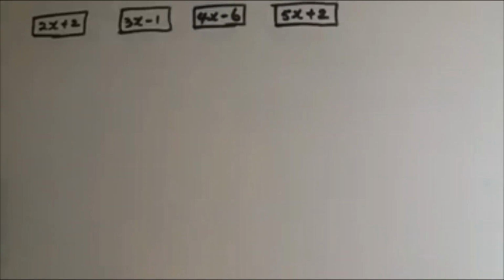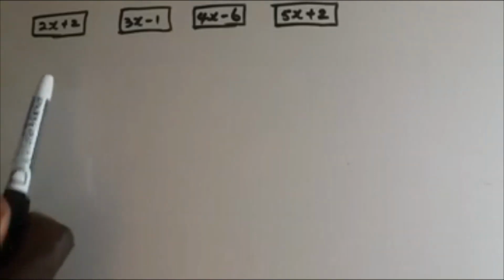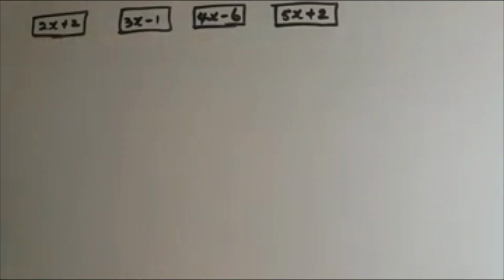Hi, here we have four numbers represented by expressions, and we're told that the sum of the first two expressions is 36.